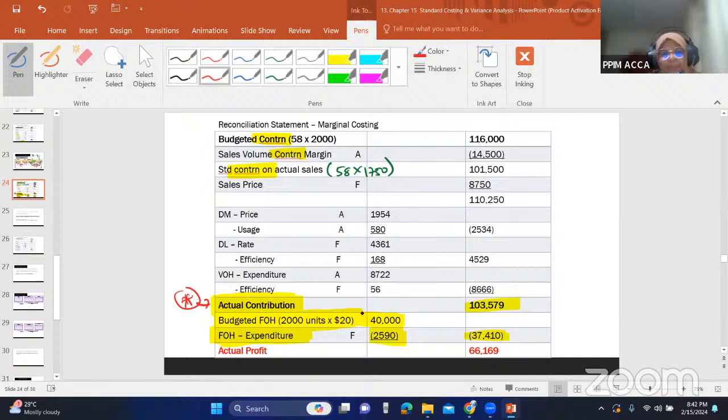So I know it might be a little bit fast, but hopefully you should be okay. The important part, where you should know how to calculate these things, I have given the time for. The reconciliation statement, because of time constraints, I have to rush through a bit. So if you feel that you missed a bit here or there, don't worry. The recordings will always be shared with you, so you can go through it if needed.